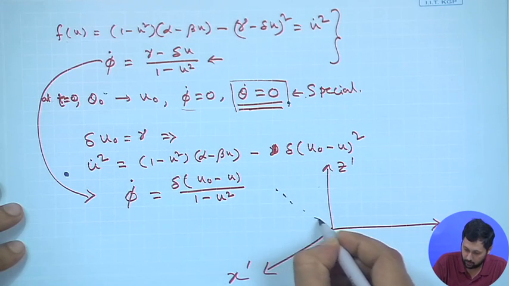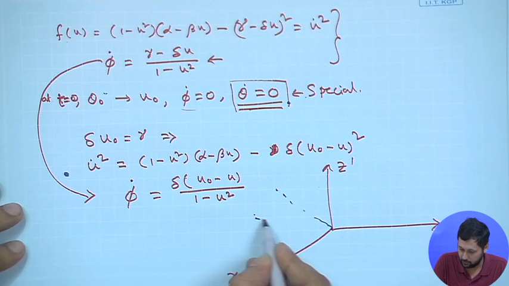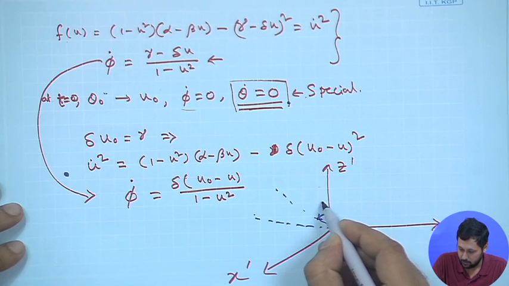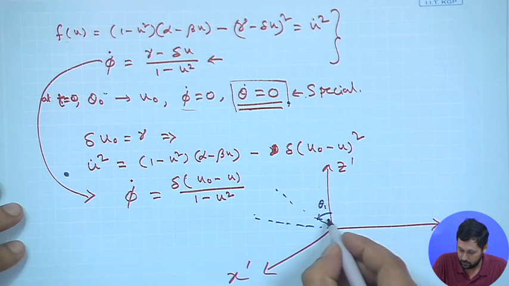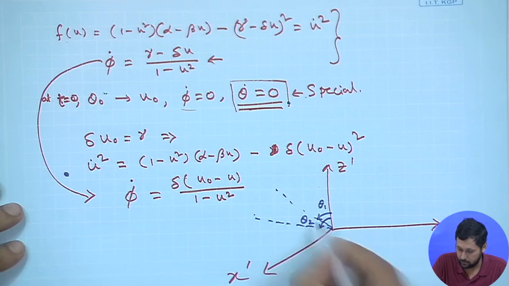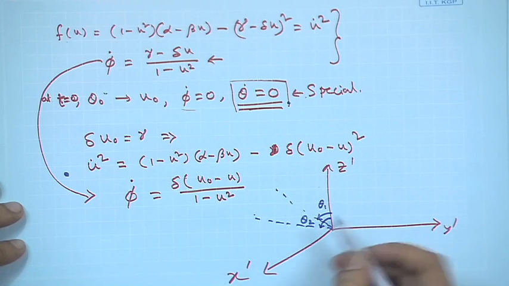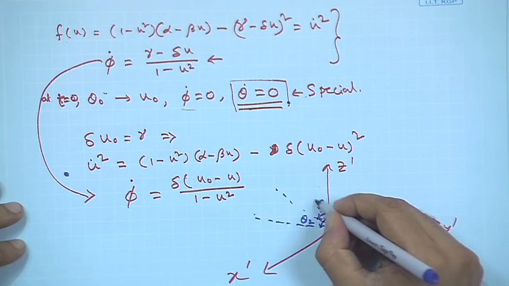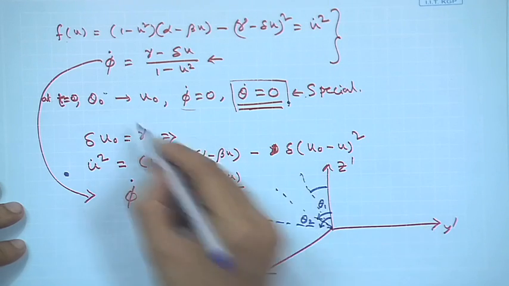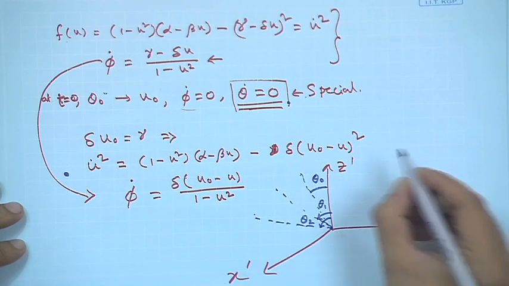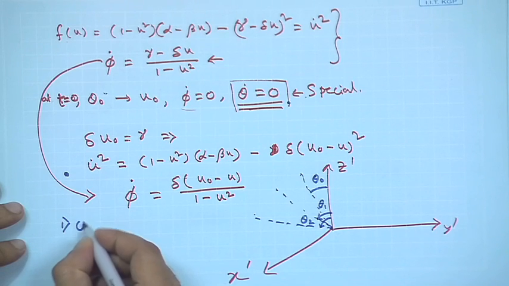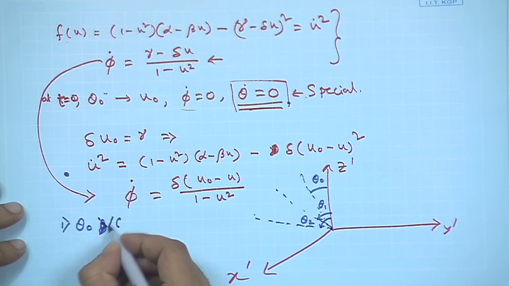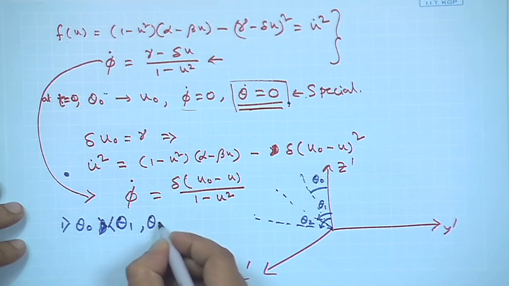So, let us assume that these are the angles theta 1 and theta 2, which are the two bounds of the nutation motion, and your u 0 or theta 0 could be anywhere. So, we have cases where theta 0 could be less than both theta 1 and theta 2.